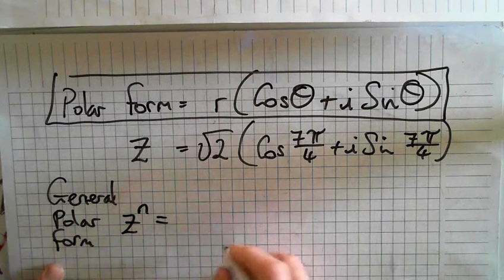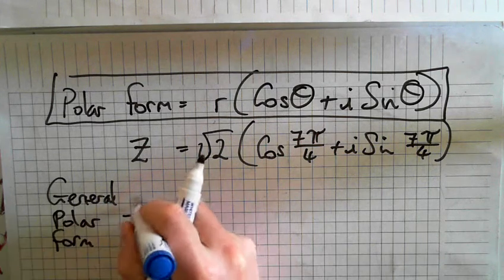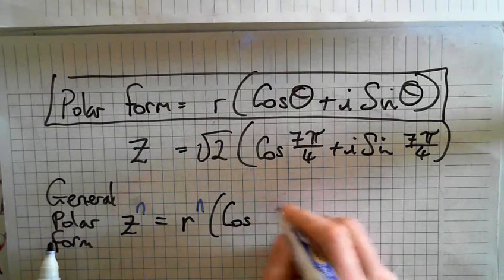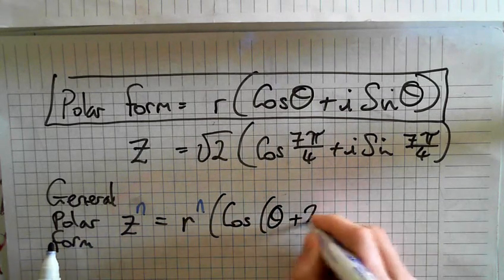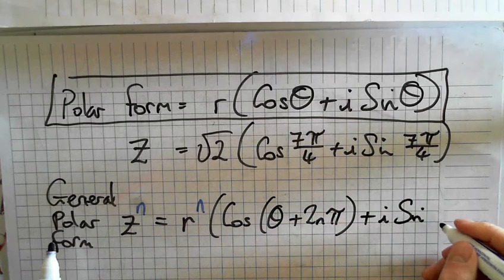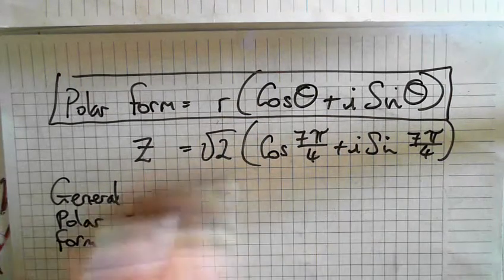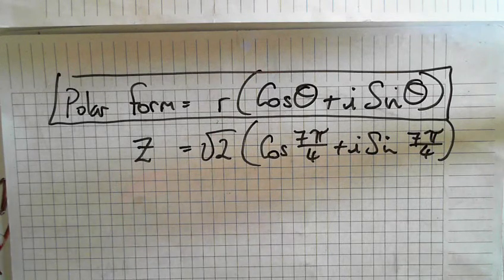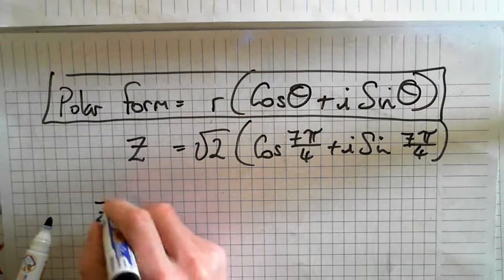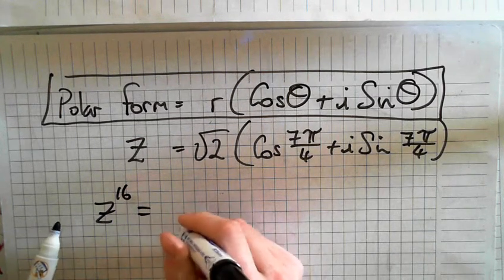So z to the n is r to the n, cos theta plus 2n pi... No, sorry. Using De Moivre's theorem, what you do, it's z to the 16, isn't it? I was writing down the formula to use to get the complex roots.